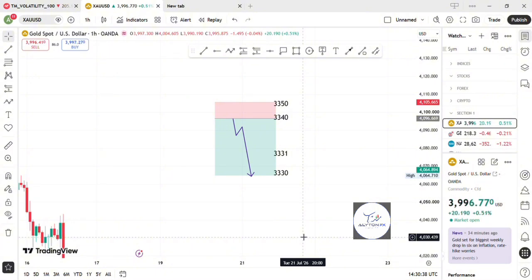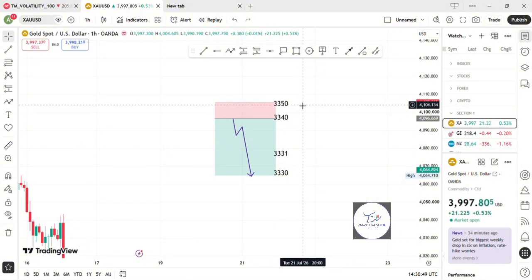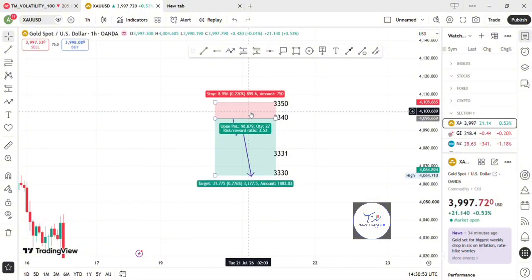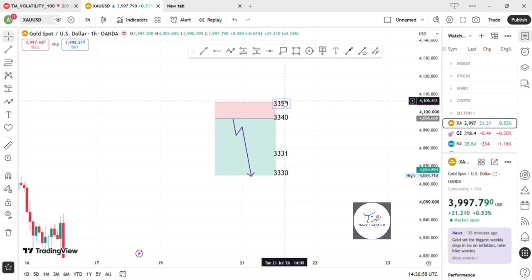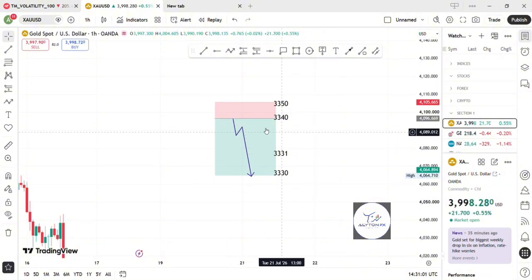If you buy, you are expecting the price to rise, while if you sell, you are expecting the price to fall. So your SL, which is your stop loss, is at 3350, which is approximately 100 pips, if we are using this as an example. So guys, I'll be showing you this using a live price example. Thank you.